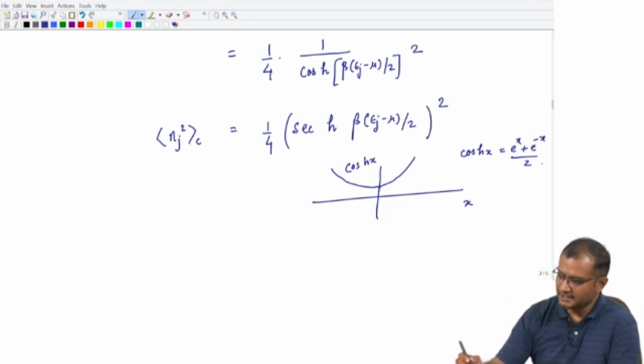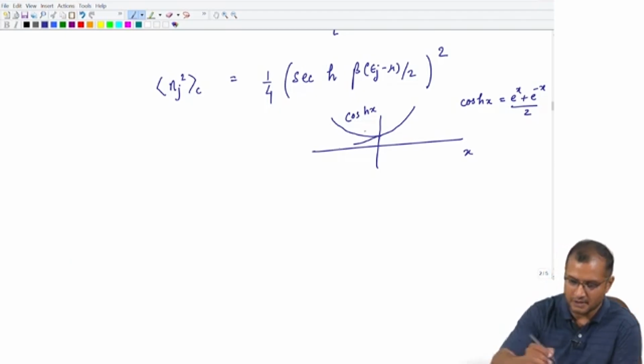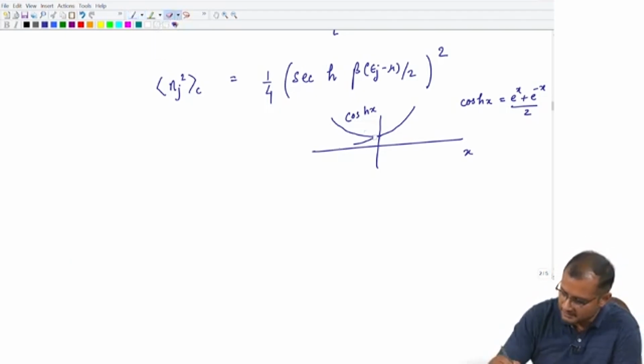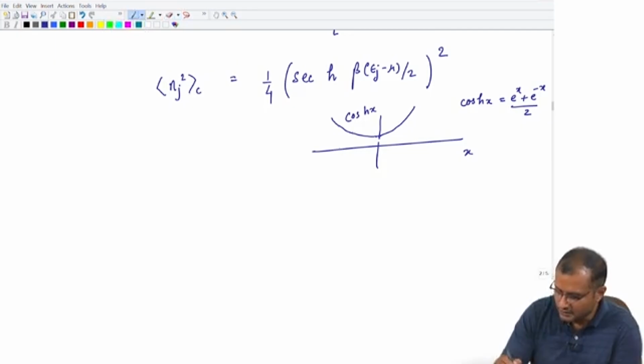So, definitely sech has its maximum value of 1, and then it should go to 0. I am not a very good artist, so please bear with me, and you can draw it better than me.